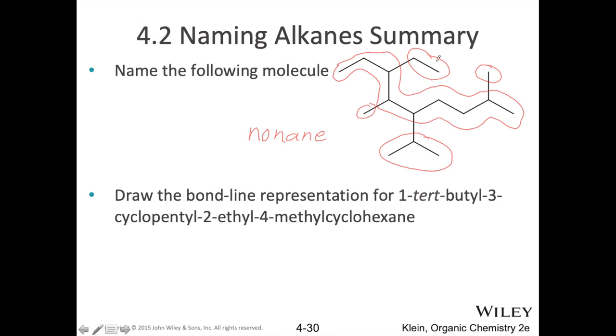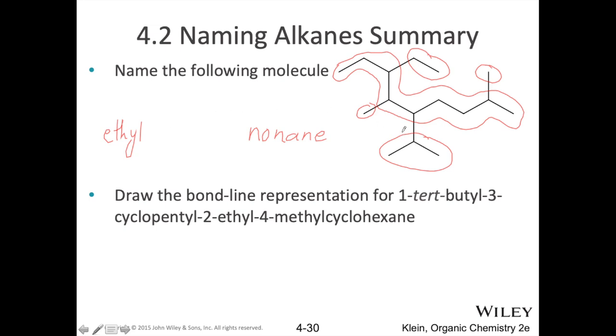Okay, so we're going to name these accordingly. Between ethyl, methyl, and isopropyl, ethyl will come first. So again, we're going to leave a little bit of a gap to write its locant here. Now between methyl and isopropyl, isopropyl comes next. So again, leave a gap here.